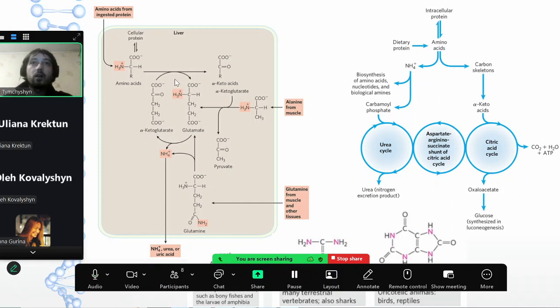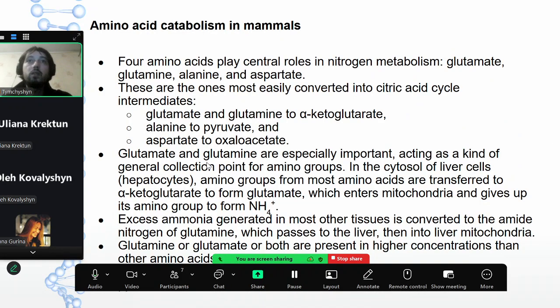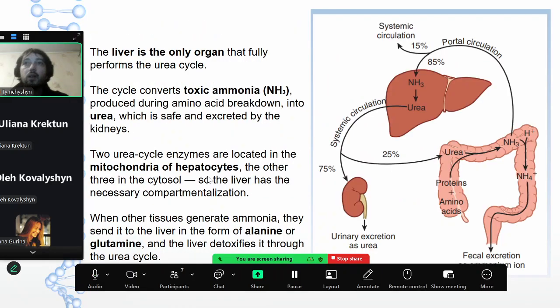It is transported onto alpha keto glutarate to make glutamate, and then this glutamate may be converted to glutamine, so whatever, and then we can generate ammonia, so NH4 plus, and it is later metabolized to something. So depending on the type of the animal, it may be metabolized to different things.